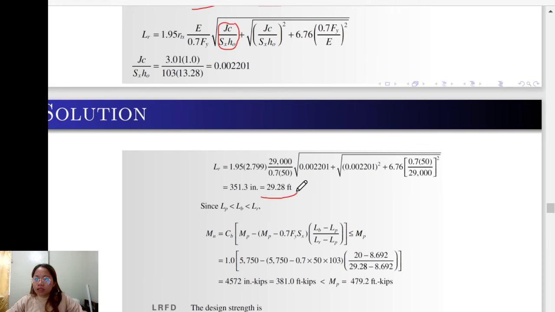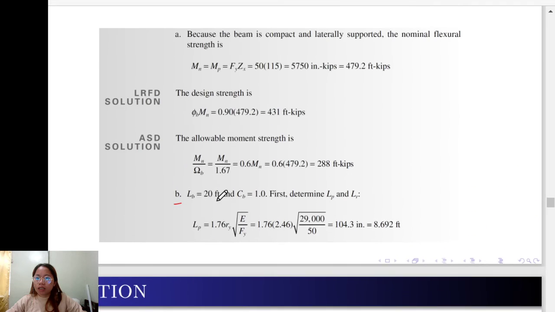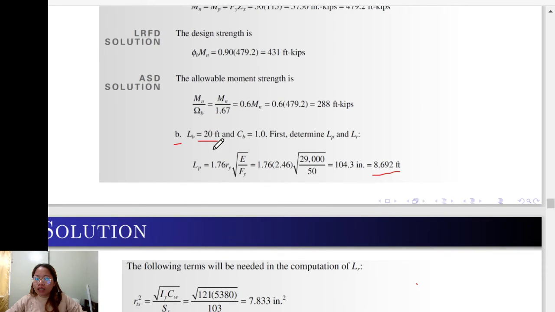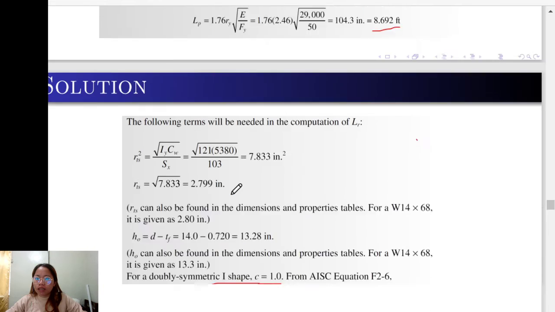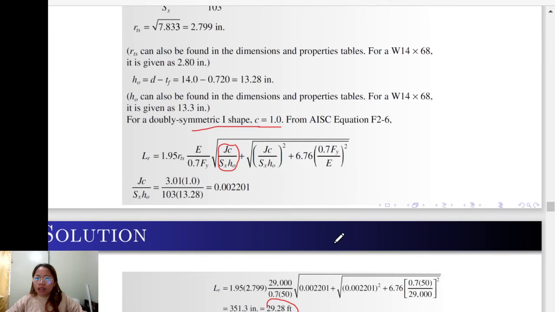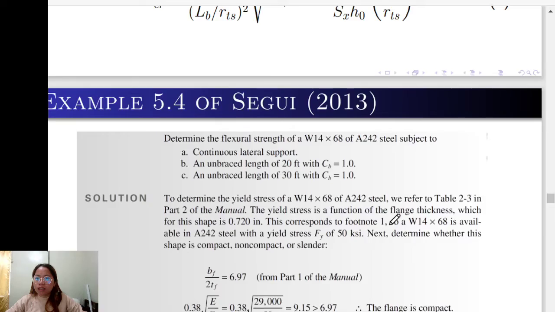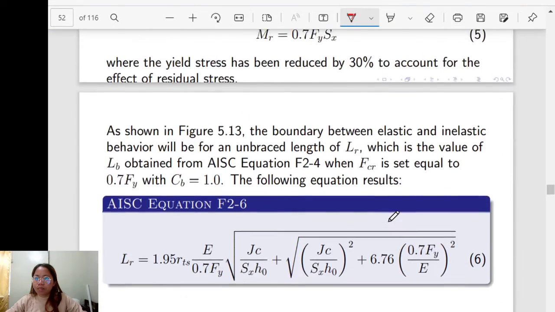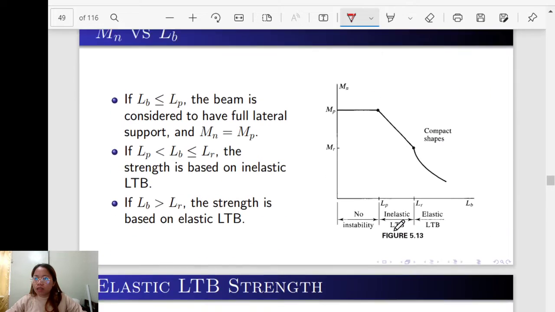Comparing this value to the given L sub b, L sub b given is 20 feet, and the L sub p is 8.692 feet, meaning this L sub b in letter B is in the inelastic region, as you remember in the figure.